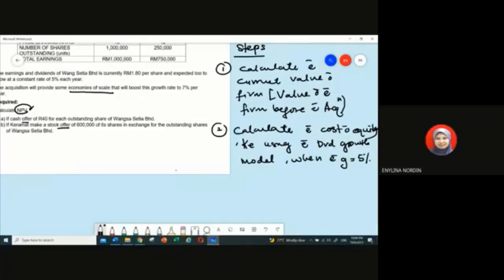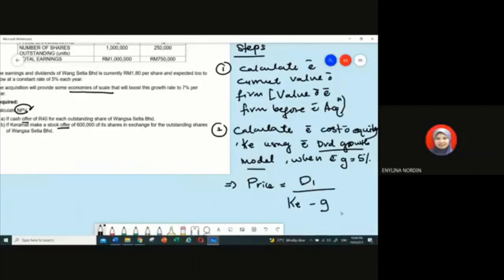So what is the dividend growth model formula? The price of the share equals the expected dividend, D1, divided by the cost of equity, KE minus G.